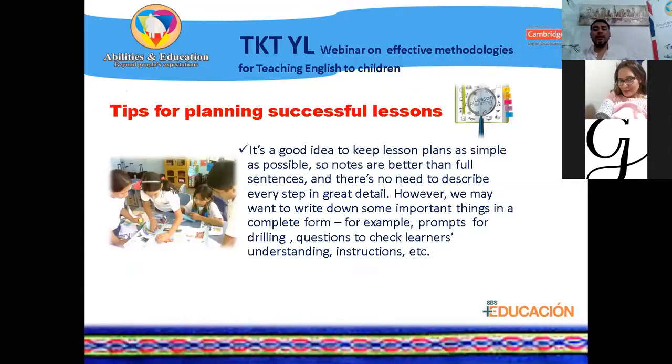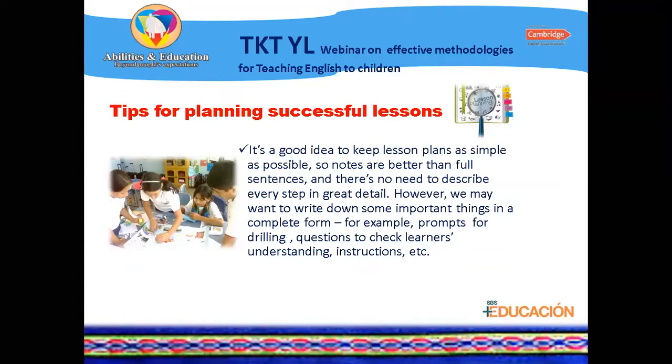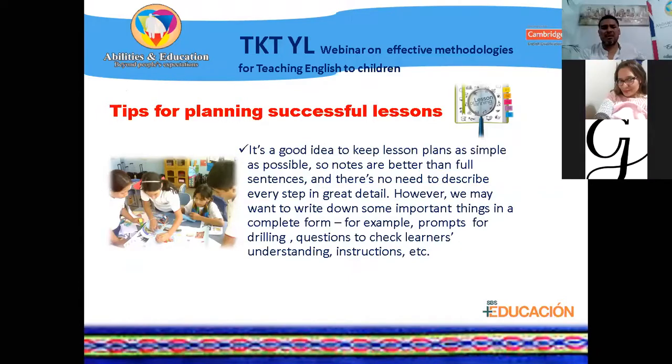It's a good idea to keep lesson plans as simple as possible, right? So don't complicate your life by writing in detail what you will be doing. Because some teachers write in their lesson plans, stage 1, the teacher tells the students to say their names.